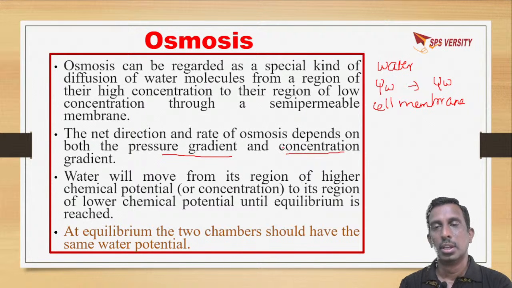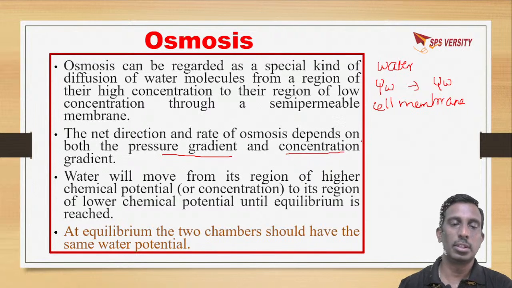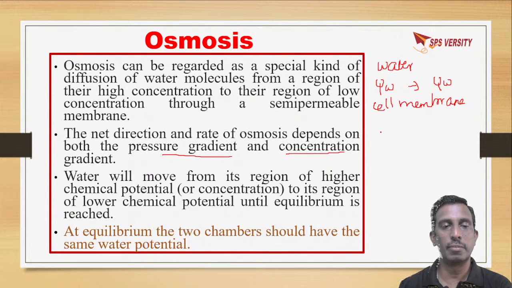Okay. So for water to move by osmosis, the 2 points should have a concentration difference and pressure difference. Okay. So इसमें दोनों पॉइंट्स में सेम रहता तो वाटर पोटेंशियल, if it is same at 2 points, they are at equilibrium. Equilibrium means the net movement is 0.